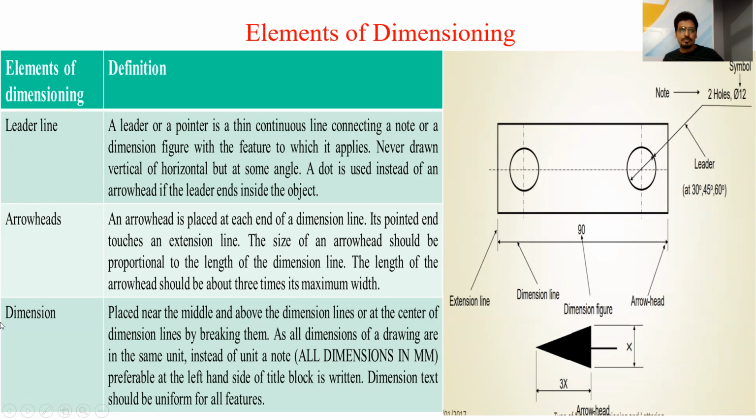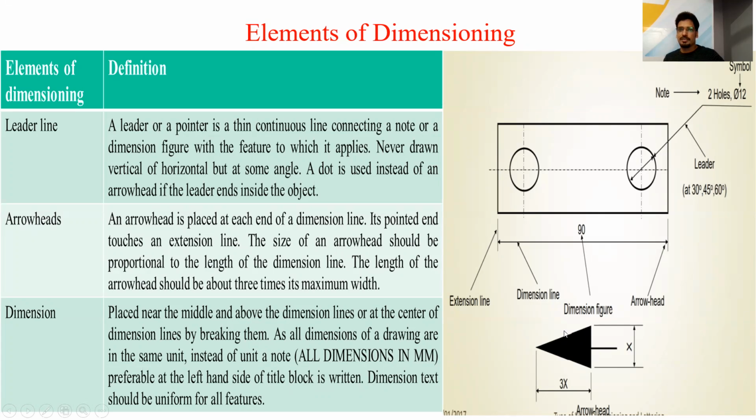Okay. Next, the most important part of dimensioning is the arrowhead. Arrowhead is what? Arrowhead is a part of the dimension line, and 2 arrowheads are present on one dimension line. It means at the starting point and at the end point.